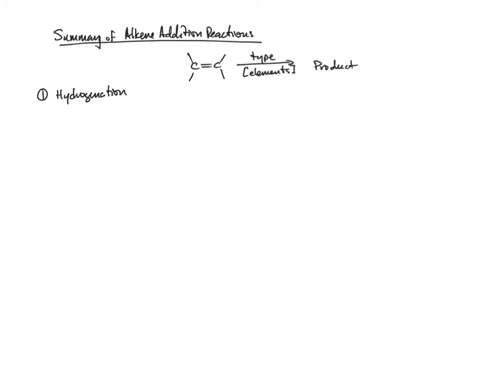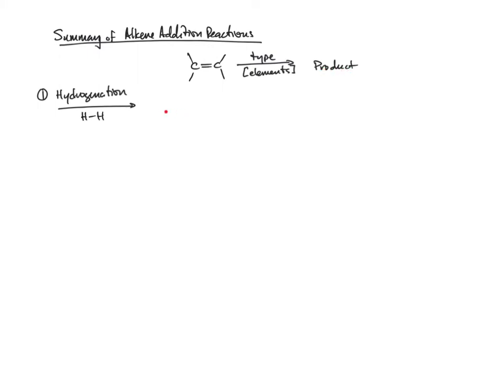hydrogenation. So we're gonna assume this is the starting material. The type, hydrogenation, here's our arrow. The elements, the product that we end up with.